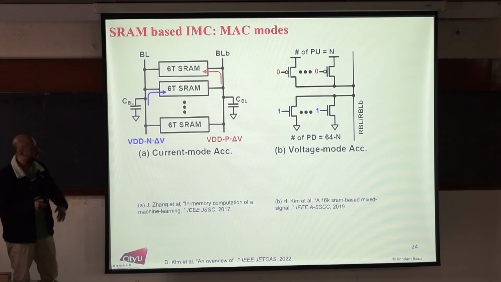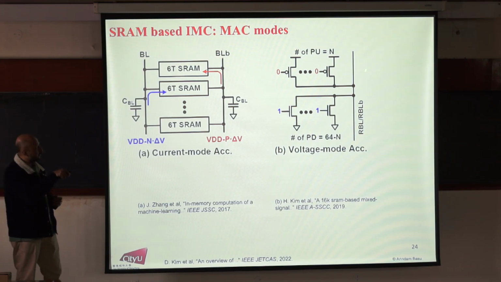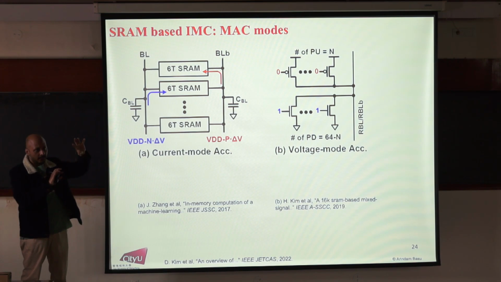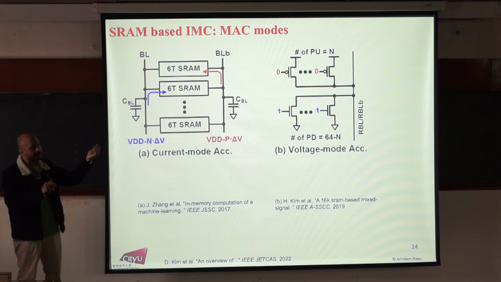So on the other side, people talked about other ways of doing this, where you do not discharge a capacitor, but you actually keep several cells turned on, several cells turned off, something like this. So a pull-up network that is fighting with a pull-down network based on how many inputs are 1 and how many inputs are 0.